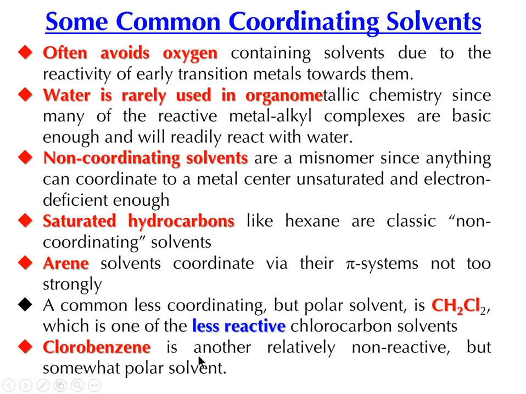Chlorobenzene is another non-reactive, somewhat polar solvent. So in conclusion, in organometallic chemistry, in general, we have to use a solvent that is not coordinating or weakly coordinating, and second, that should dissolve the organometallic complex initially.